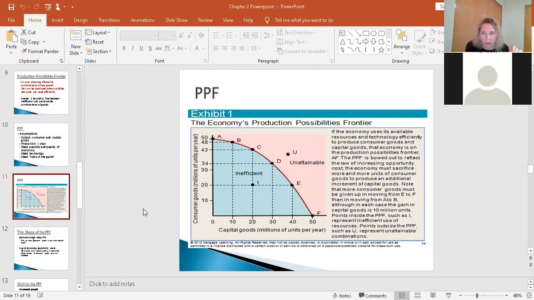So here's the takeaway. The reason the law of increasing opportunity costs exists is because we know that every economy has their own unique pool of resources that is better suited to making one over the other. And so if we had lots of agriculture, we actually do have lots of agriculture, and we are trying to force our economy into making all capital goods, we get down to point E and we're trying to convert our resources into capital goods.